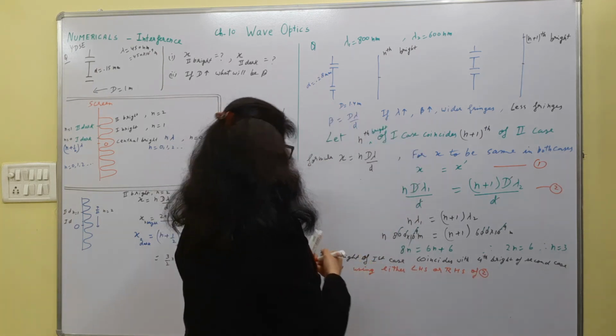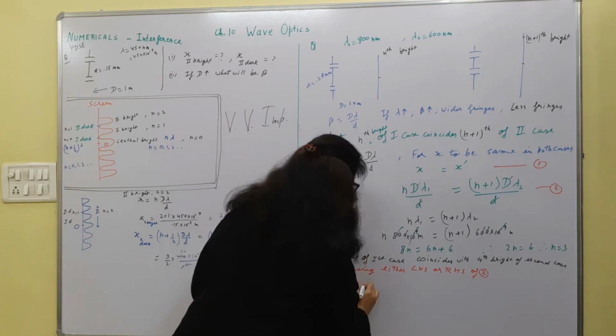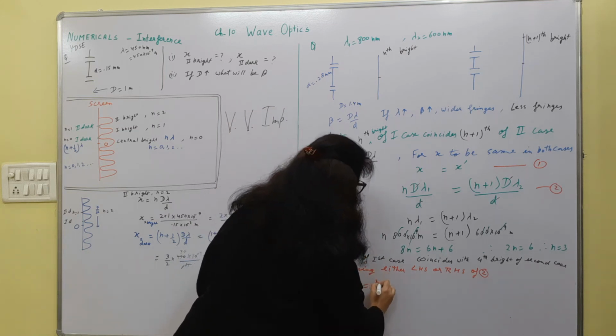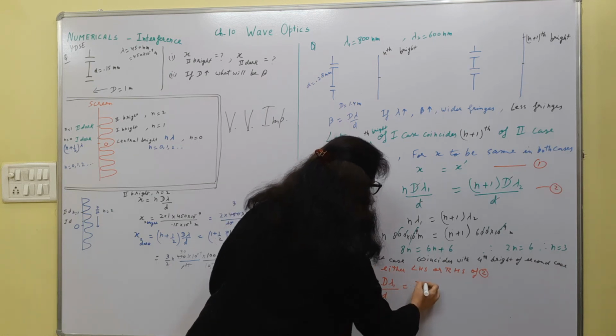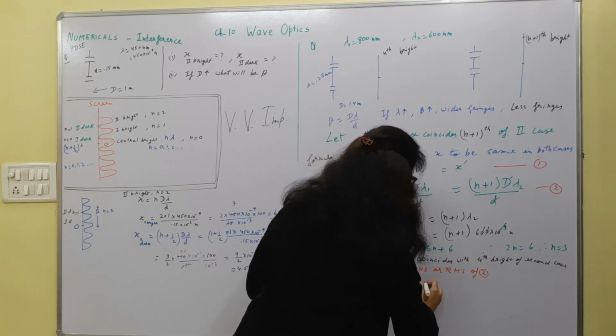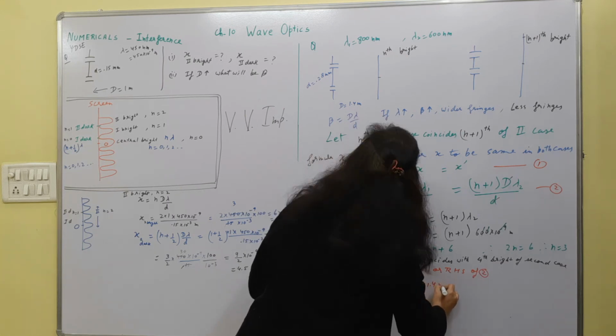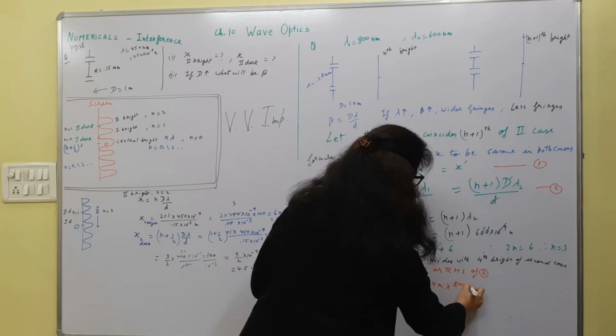So we can directly put the value. We have to find this x. This is n D lambda 1 upon d. We have to put the values simply. So n is 3, D is how much? 1.4, lambda is how much? 800 into 10 to the minus 9.